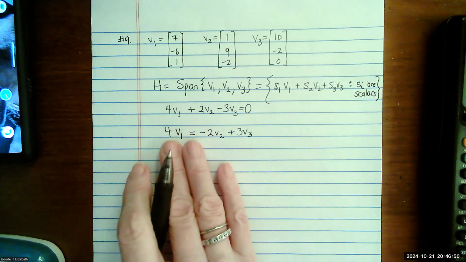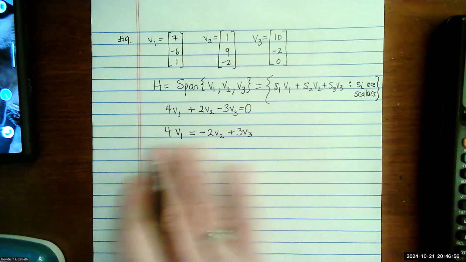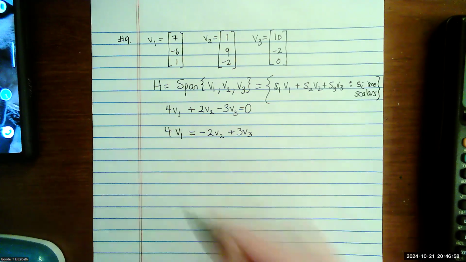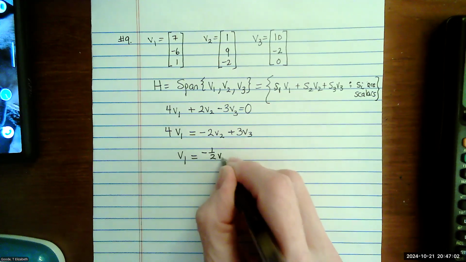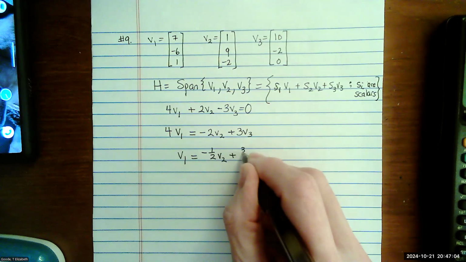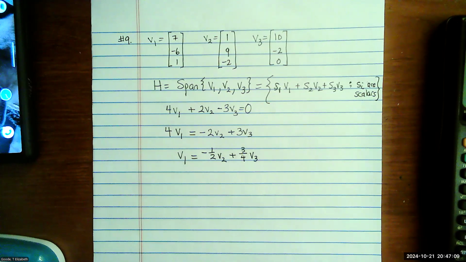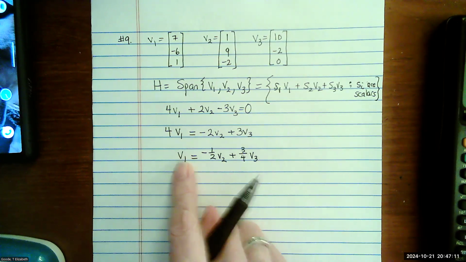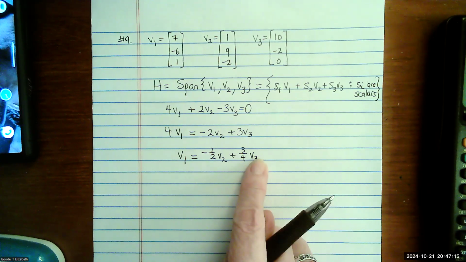In other words, v1 can be written in terms of v2 and v3. We're going to solve for v1. v1 is actually negative 1/2 v2 plus 3/4 v3. So v1 is a linear combination of v2 and v3.